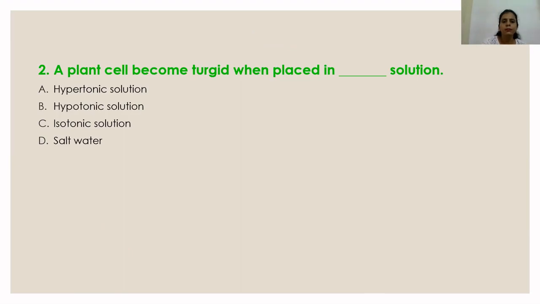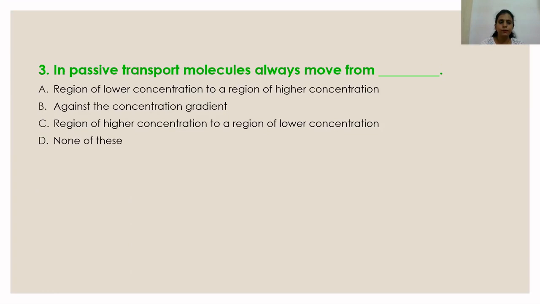Next, a plant cell becomes turgid when placed in what solution? Now you are aware that when you place a plant cell in a hypotonic solution, the plant cell will be turgid. So the correct answer is B, hypotonic solution.